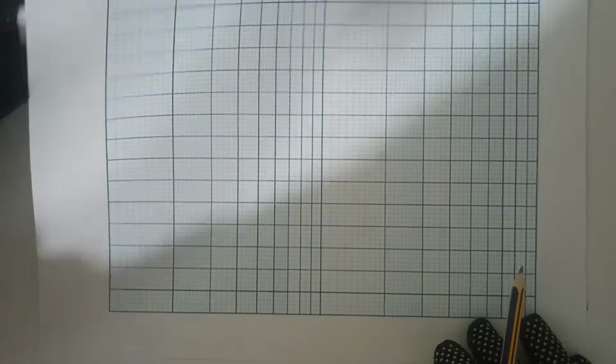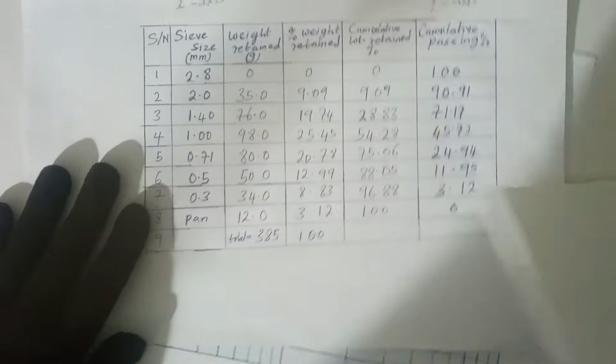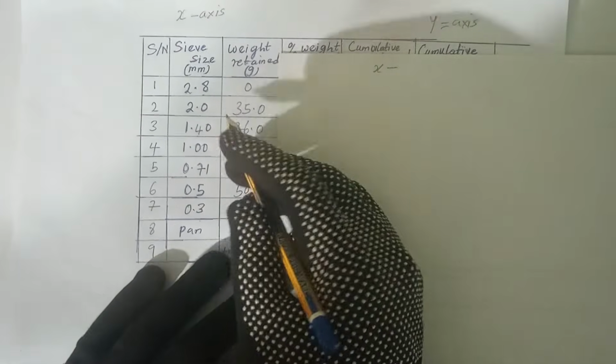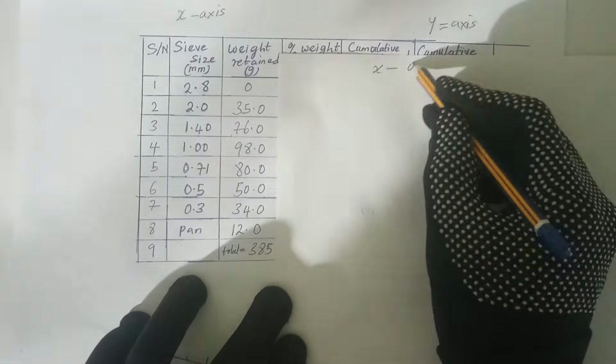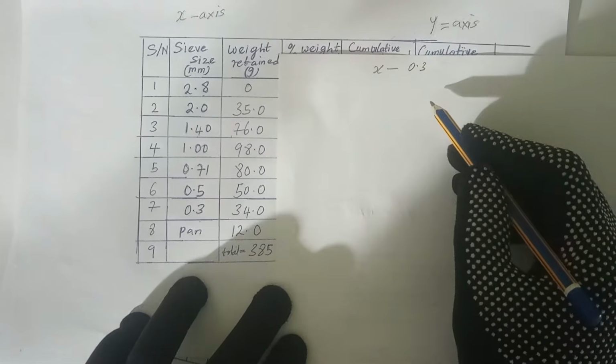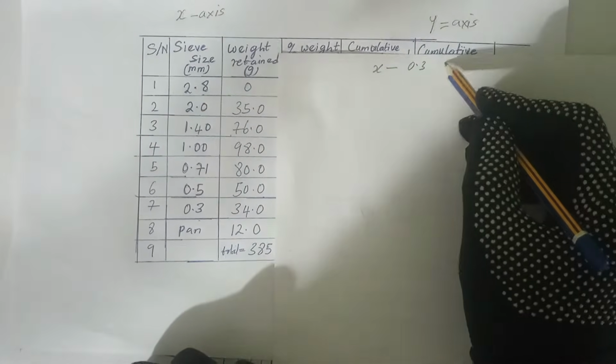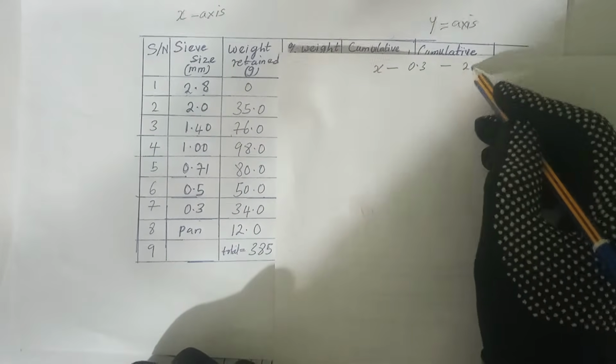As you can see from the sieve test calculation, we have the minimum value for the x-axis, the minimum value is 0.3, while the highest value is 2.8.